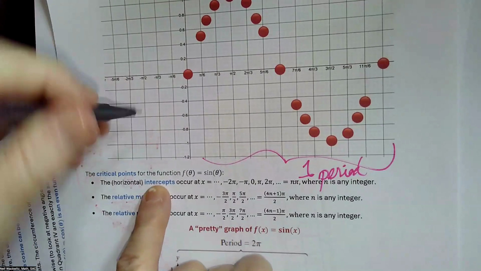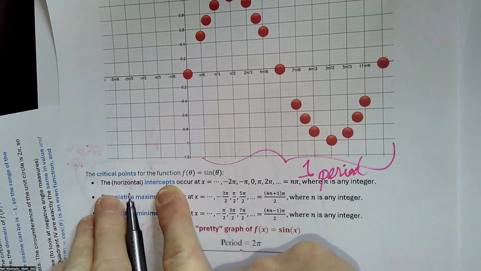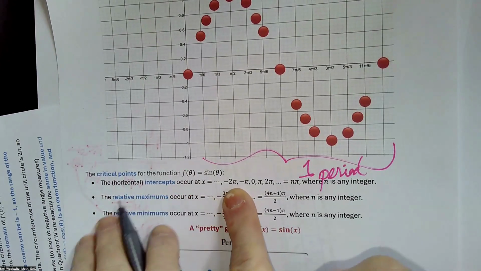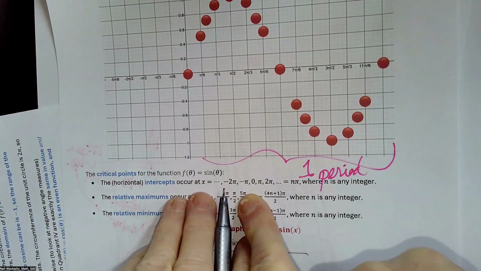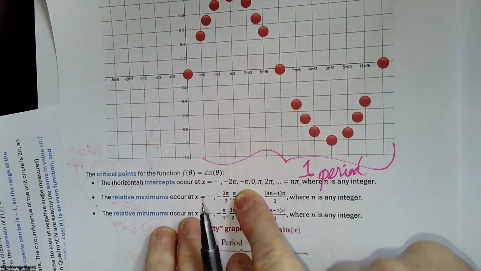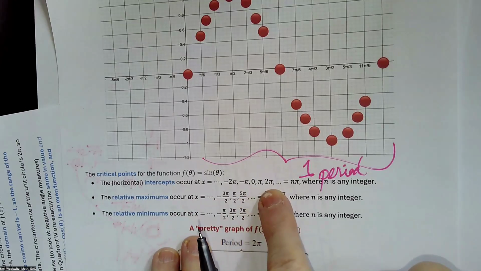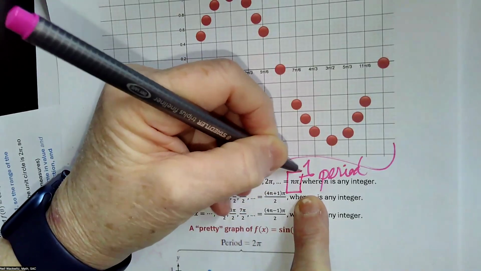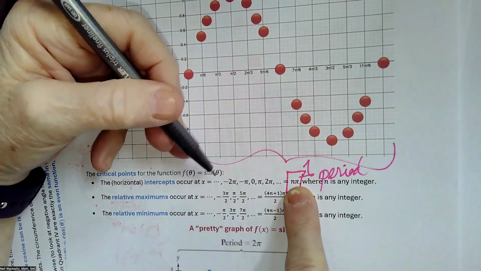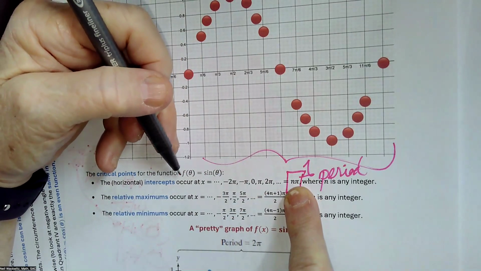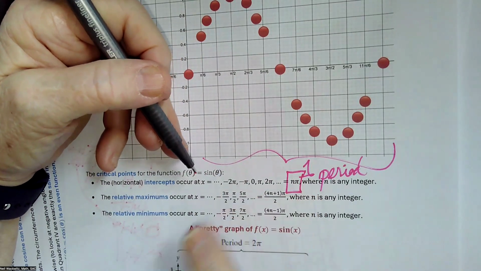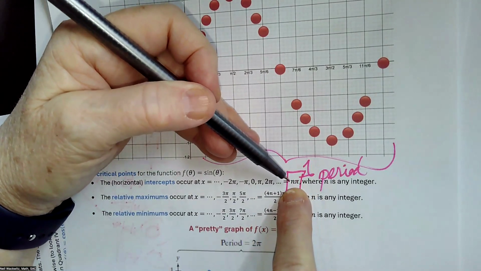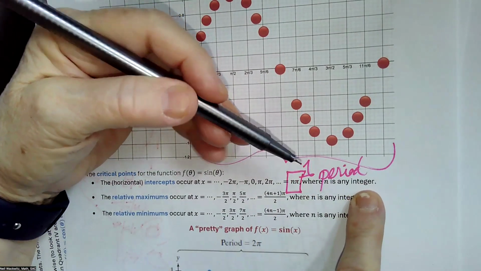And that means that we'll have a horizontal intercept or an x-intercept for the sine at -2 pi, -pi, 0, 1 pi, 2 pi, all the way up. And we could say in general, sine of theta equals f of theta has an intercept at every n pi where n is an integer.